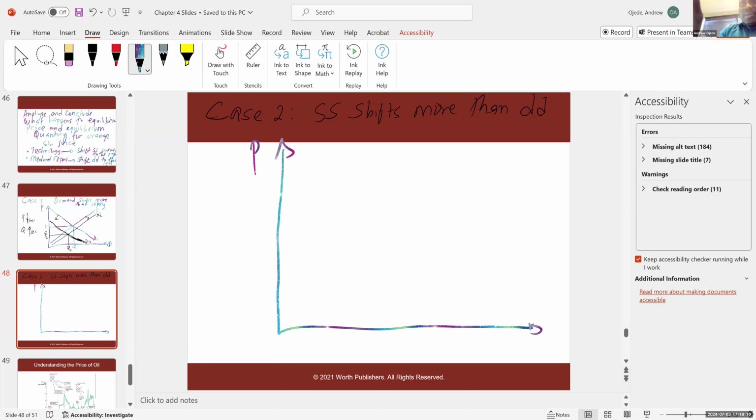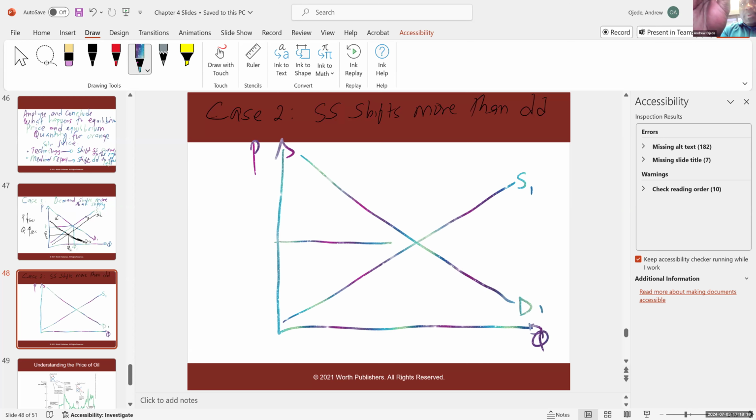So you get price, you got quantity here. This is my S1, this is my D1. So before anything happened, this was the terminal equilibrium values for quantity, equilibrium quantity Q1, equilibrium price P1. Now, all of a sudden, we have been told that what? The medical report says that what? Drinking too much orange juice increases the likelihood of contracting a terminal illness.